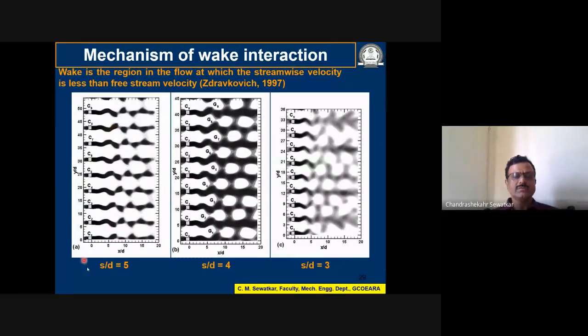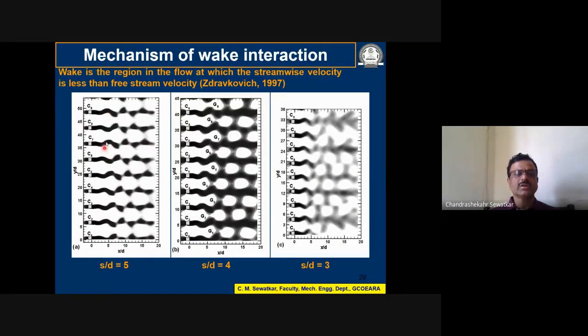Now you can see we work with a certain Reynolds number, let's say 80, and S by D is 5. You can see all the wakes behind the cylinders are independent. They are not interacting. There is no interaction between these wakes. But the vortex shedding is occurring.